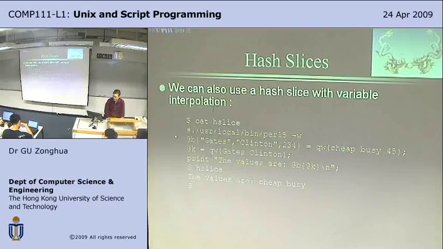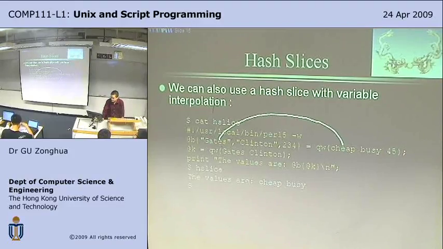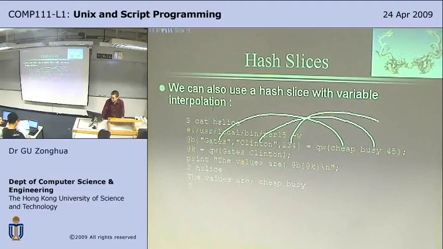So hash slice can be used in variable interpolation. So this is the hash slice where Gates cheap is the key value pair, Clinton busy is the key value pair, 245 is the key value pair, and then you grab out Gates, Clinton.